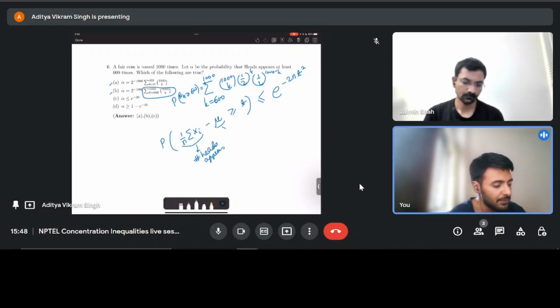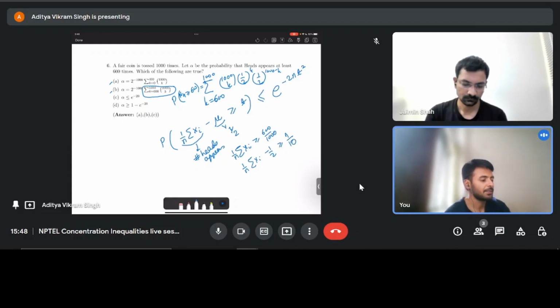Mu is half because it's a fair coin, and we want that heads appears at least 600 times. So we want that 1 by n sum of xi is greater than 600 by 1000, right? Which basically means that 1 by n sum of xi minus half should be greater than 1 by 10. So this fraction is 1 by 10.